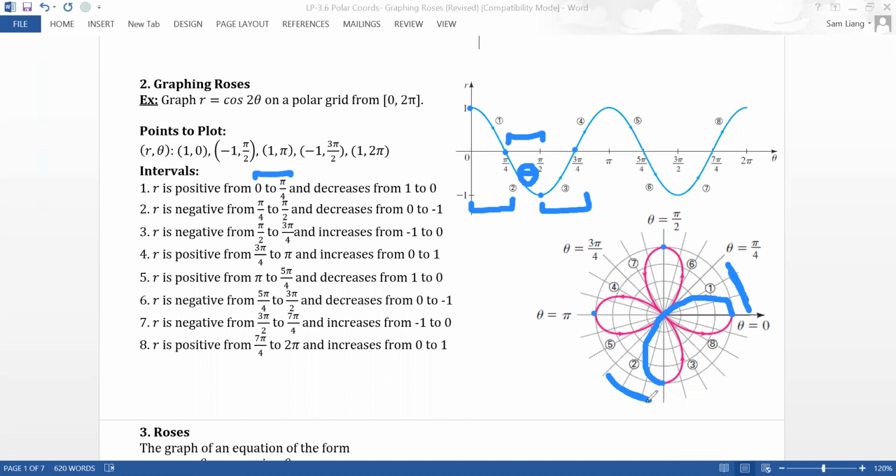So 90 degrees is over here, then 135, that's right here, and increases from -1 to 0. So we're going to spiral inwards, right? So we start at -1, which is here, and then spiral inwards towards 0, right there. Okay. But you would do the same thing for the rest of the intervals, and then you would get this rose shape.